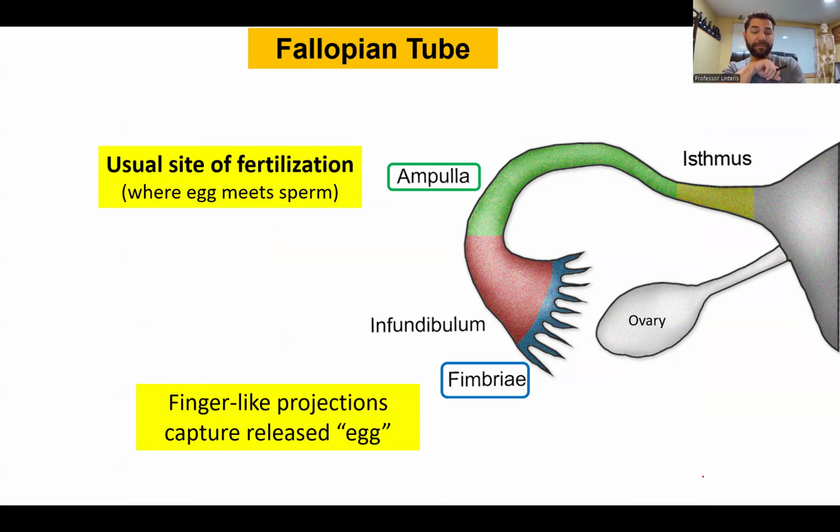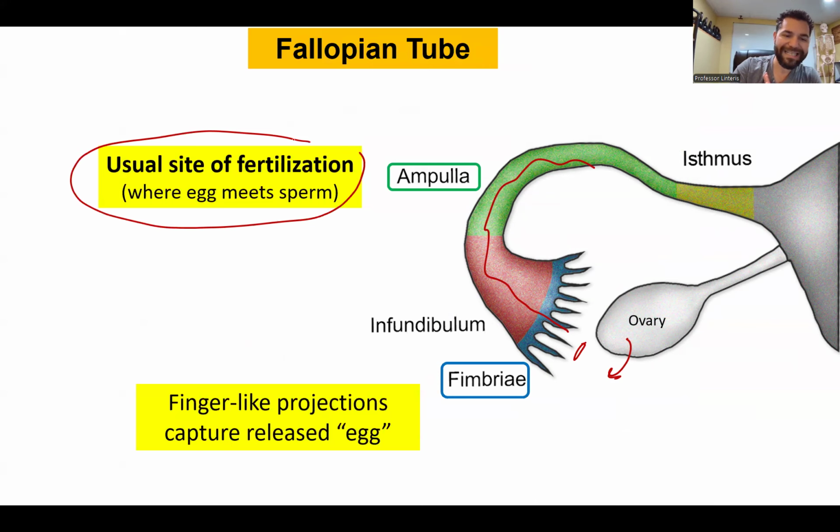Once the egg is ovulated from the ovary, it rolls down the fallopian tube. The fallopian tube is where we usually see the meeting of the sperm and the egg, where fertilization occurs. That usually occurs not in the uterus, not in the vagina, but in the fallopian tube.